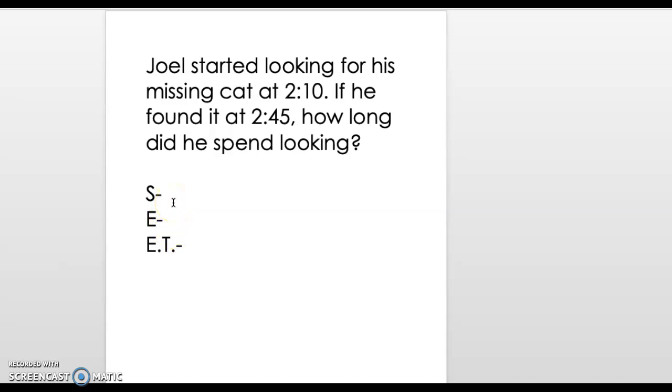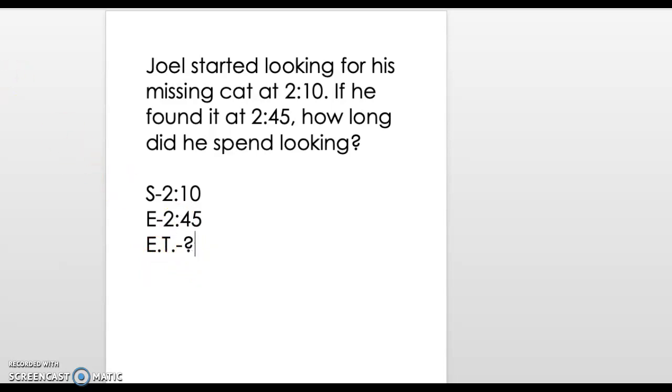That tells us that that is when he started. So I'm going to put 2:10 next to the S, which stands for started. If he found it at 2:45, how long did he spend looking? So they gave us the start time and the end time. We just have to figure out what the elapsed time is for this one.